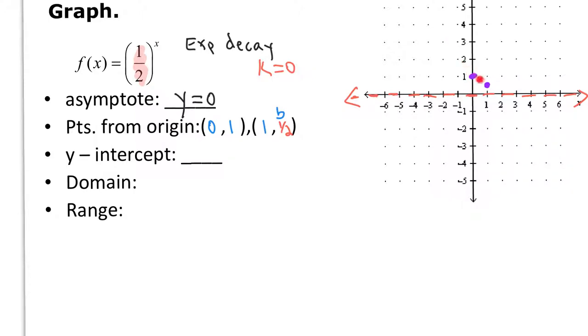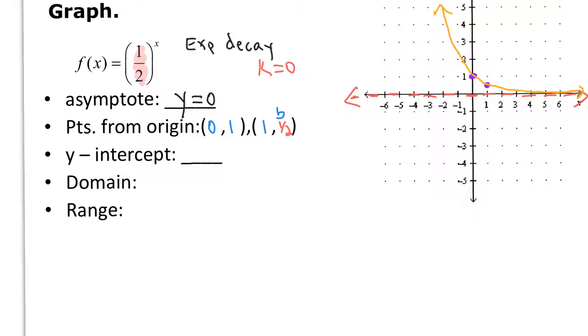You connect the points and you get closer and closer to the asymptote, but you will never touch. So I'm just going to start from here. You guys go down and notice I'm trying not to touch the asymptote. So we have the graph. Exponential decay because it goes down.